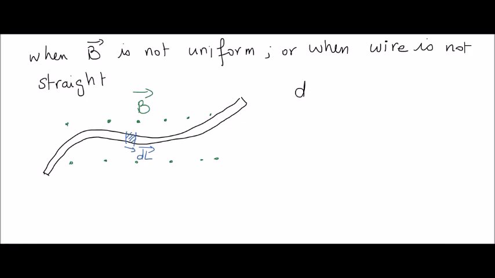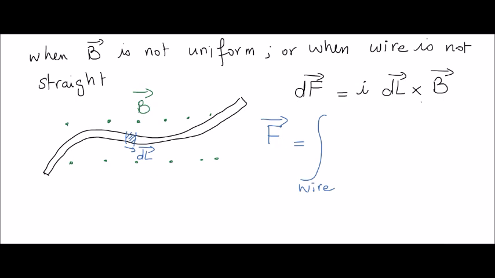I can call it dF equals I dl cross B. And you guessed it right, the total force on the wire is the integral over the wire of this tiny force, I dl cross B.